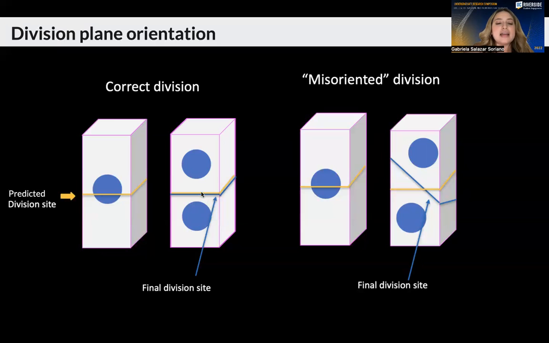And at the end of mitosis, you have the cell place its cell wall on the predicted division site. However, there are some instances in which cells undergo a misoriented division, and a misoriented division can be described as the cell wall being placed away from this predicted division site at the end of mitosis.